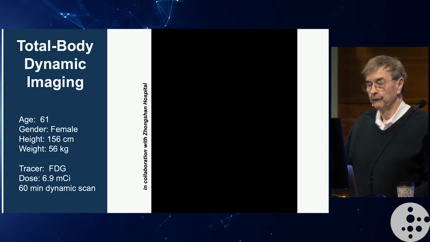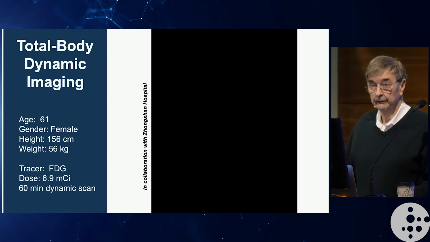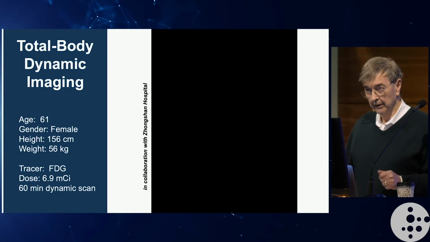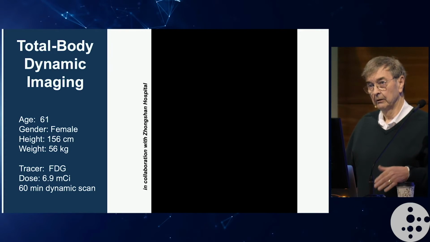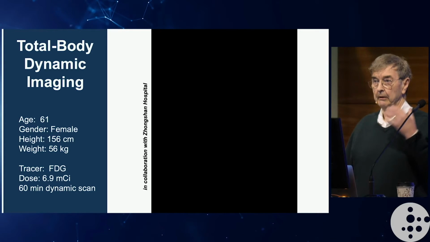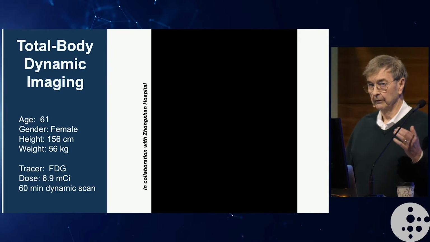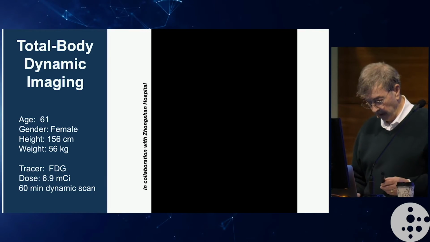Now, to the right, I'm going to show you a whole body kinetic study. You're going to inject FDG in a foot vein, and you're going to watch that probe distribute throughout the body. That's going to move very quickly, and you'll see the times at the top.